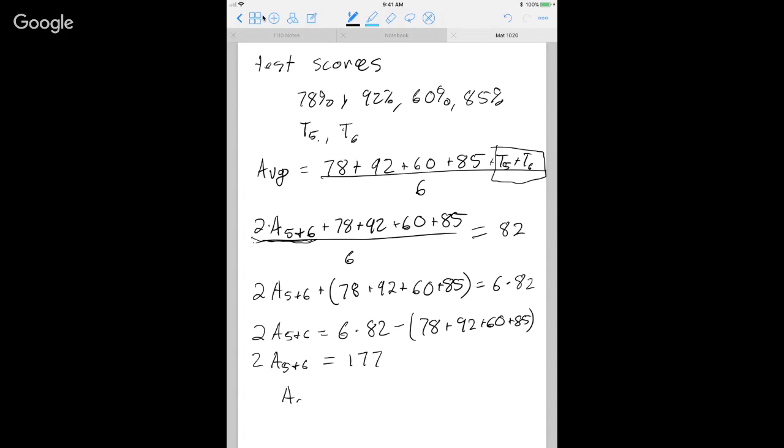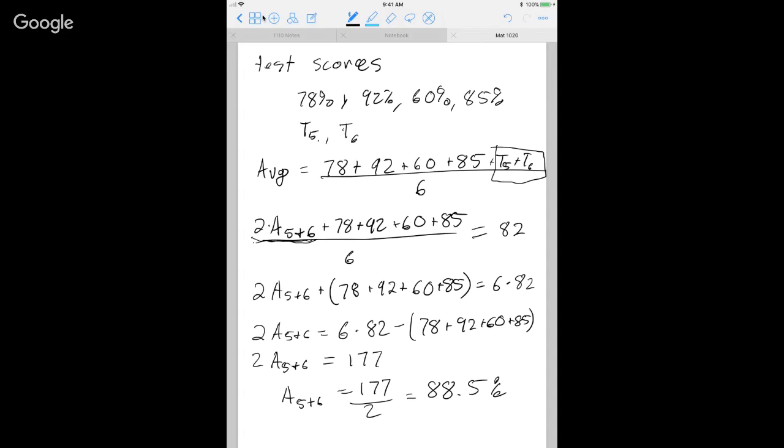Then one of those is going to be 177 over 2, and that gets us 88.5%. So that is the average you have to get on the 5th and 6th tests. Alrighty, so that's the chapter 1, section 1 stuff.